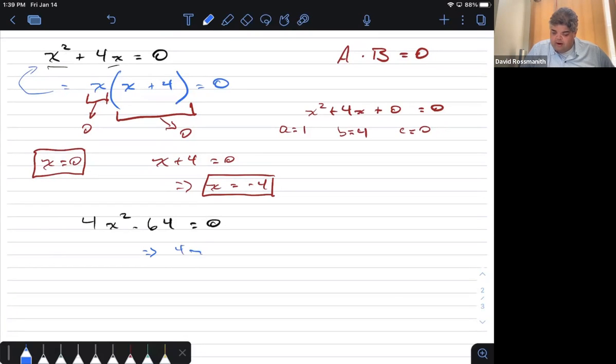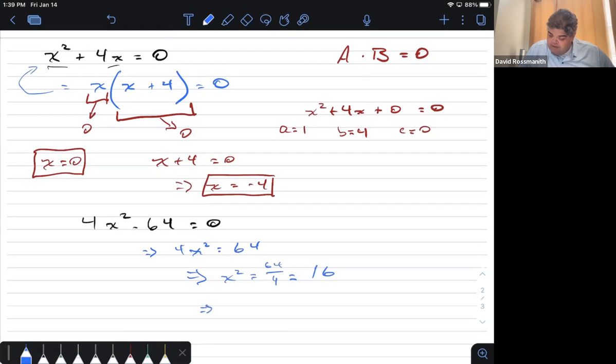So 4x squared equals 64 now. Move the 4 over to the other side because I want to get the x squared by itself. So x squared is 64 over 4. And what's 64 divided by 4? 4 into 6 is 1, 24, so that's 16.